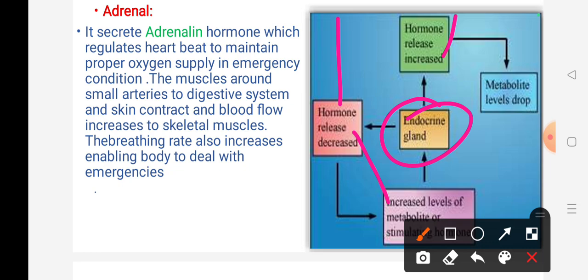Hormone release increased in the endocrine system, then whenever they are released, the metabolic rate increases, and afterwards the level drops. Again, the endocrine system will come to a normal stage.